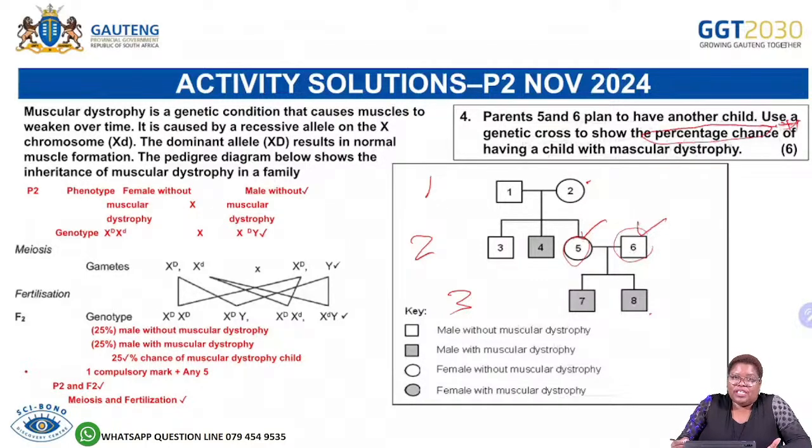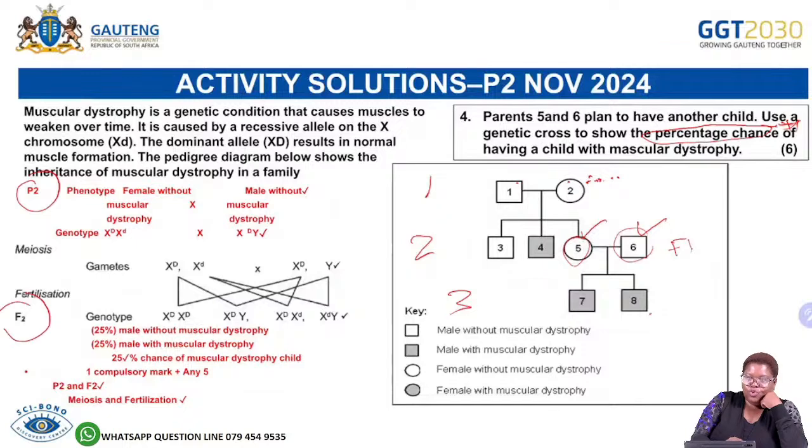Now, in this type of question, when you'll be doing a cross, remember, we had parent 1 and 2. This is the first generation, F1, right? Now, the question says, use a genetic cross to show the percentage chance of having a child with muscular dystrophy. Obviously, because it's 5 and 6, these are P2. They are the parents 2, because these are the parents 1, the P1. So it will start with your P2 and F2.